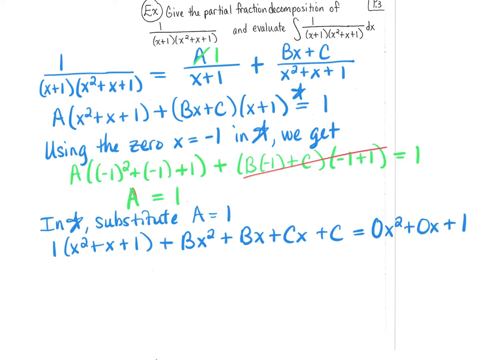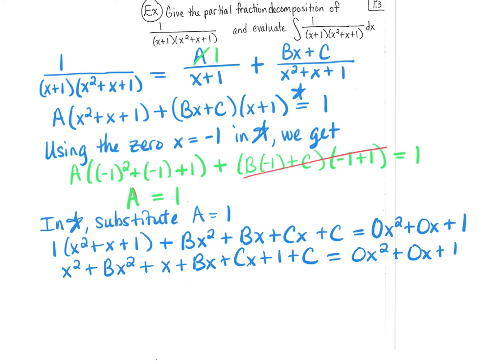Okay. Now, we have x squared plus bx squared plus x plus bx plus cx plus 1 plus c. So we did some rearranging and we simplified. Now we're simplifying or combining like terms.